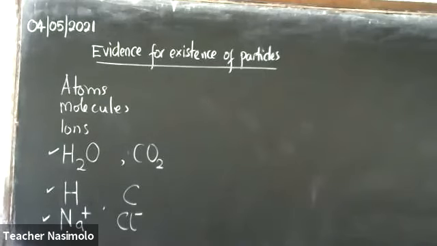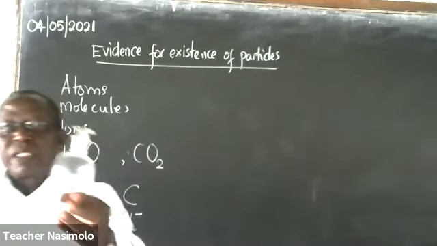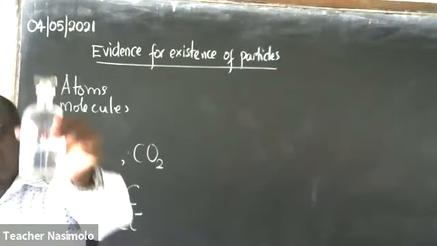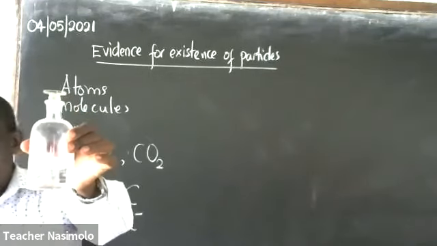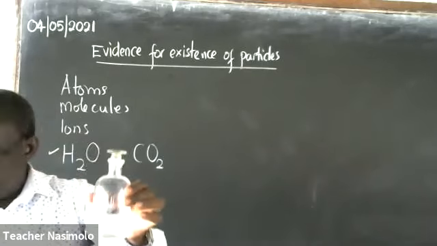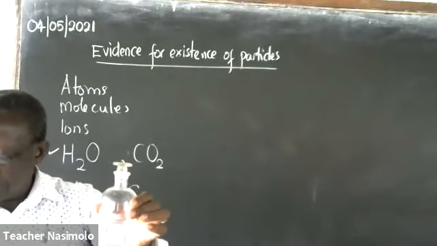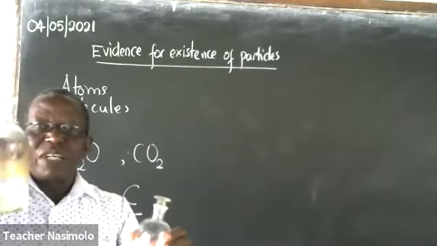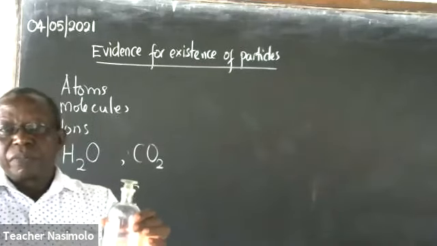Now, one simple experiment which I want to show you is here with me. I have 2 liquids. This one here is concentrated ammonia or aqueous ammonia, and this one here is concentrated hydrochloric acid.